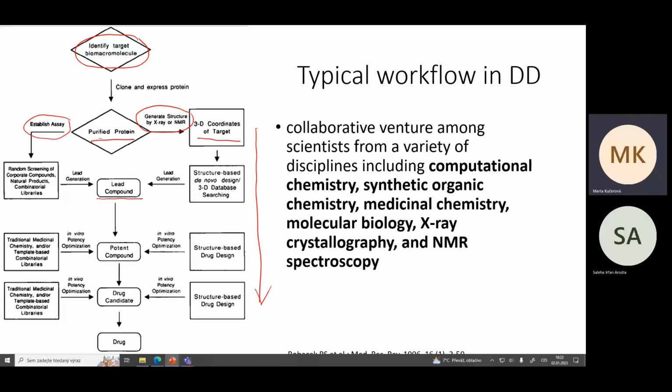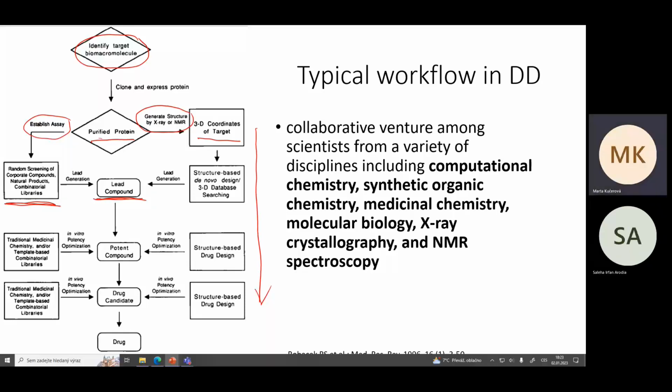At the stage where we are getting the lead compound, which means any active compound against the targeted protein, we can verify in silico, for example, from our database of compounds, what compounds have the chance to become a lead compound, which is less financially demanding than screening huge databases in the laboratory.